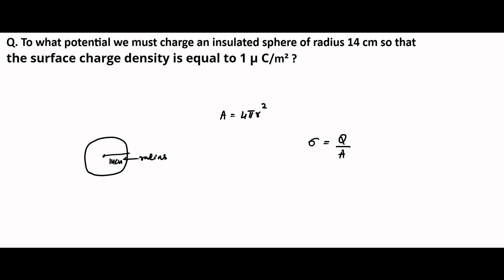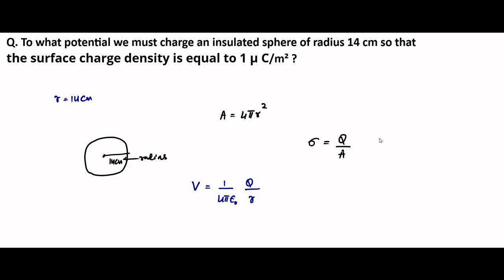So we know that the electric potential due to a charge is equal to 1 by 4 pi epsilon 0 q by r. So here r will be the radius of the sphere, 14 centimeter.